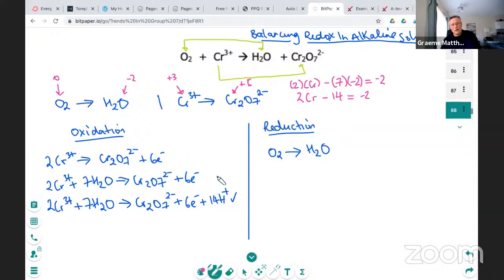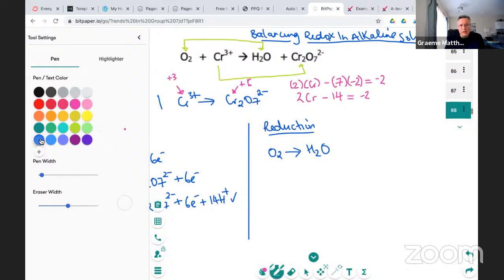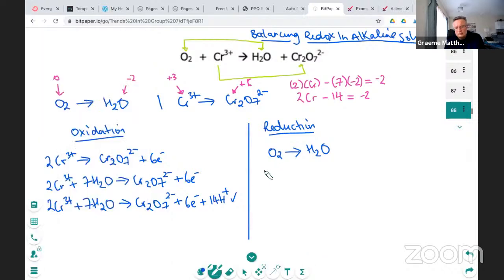Okay, so therefore what I need to do is put a 2 here. This balances out the oxygens, and then I need to put the electrons in.